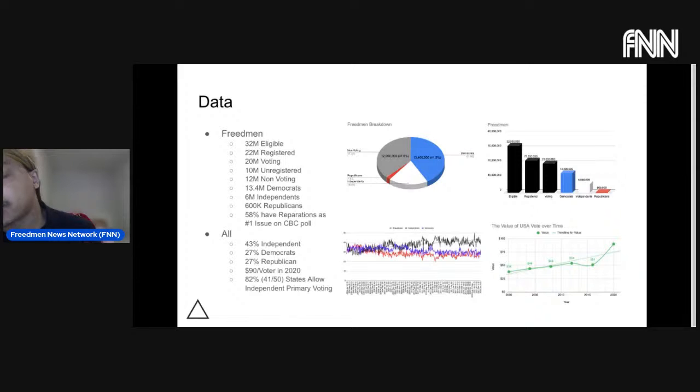To give you an example, Michael Bloomberg ran for elected office in 2020, and he spent $1 billion and he lost. So you have to understand that if we can come together and say, hey, we have millions of votes, but you need to agree to our Freedmen agenda and give us reparations now, Freedmen reconstruction, and genocide prevention.